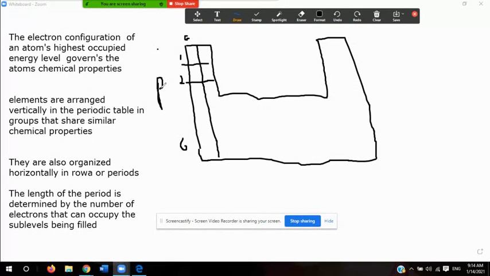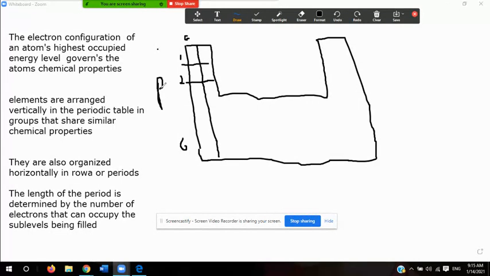The orbital being filled is the S sublevel, and it goes from 2s all the way up to 2p.